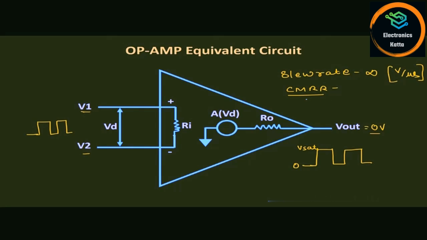This common mode rejection ratio basically defines how well the op-amp is able to reject the common input voltage that is applied to both its input terminals, and how well it is able to amplify the difference between the two voltages. It is generally defined as the ratio of differential gain divided by the common mode gain. For the ideal op-amp, the value of this common mode rejection ratio should be equal to infinity.